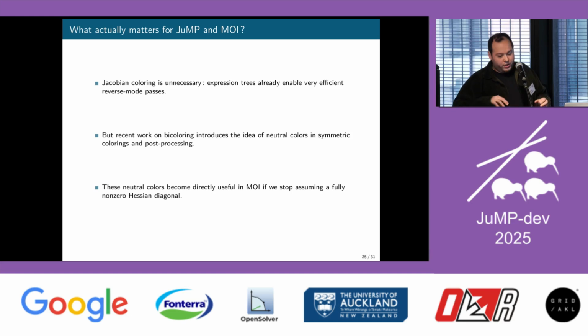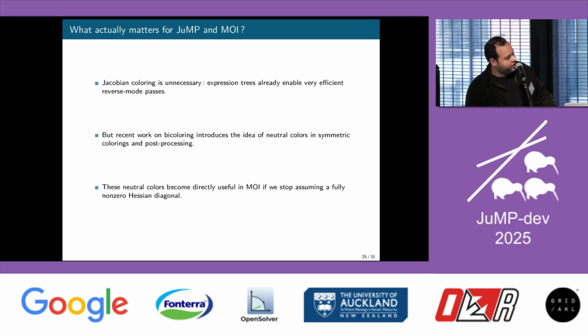And also because we have a way to extract substructure inside the Jacobian, it acts as a little bit of checkpointing. So we don't need coloring for the Jacobian in JuMP, but we need it for the Hessian. And because of this connection between bicoloring and symmetric coloring, we found a way potentially to reduce the number of colors when we do coloring of the Hessian.